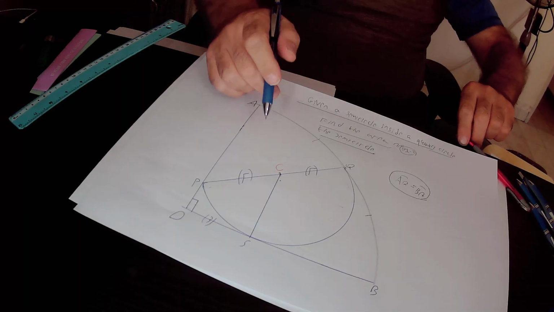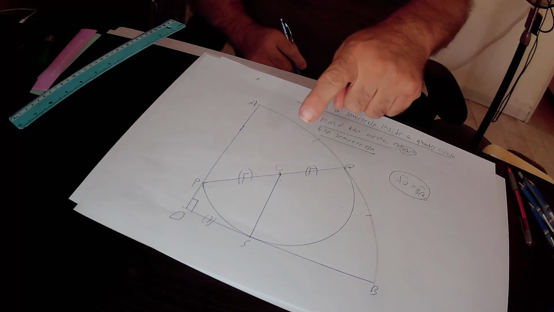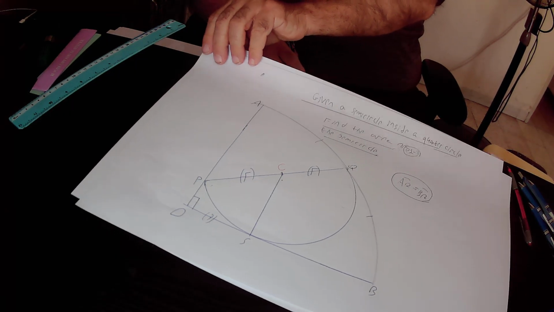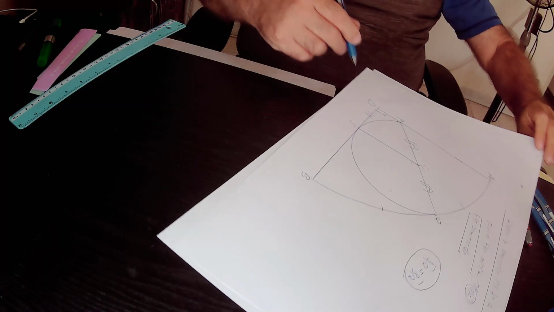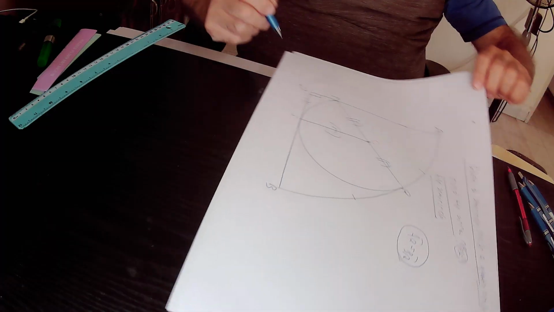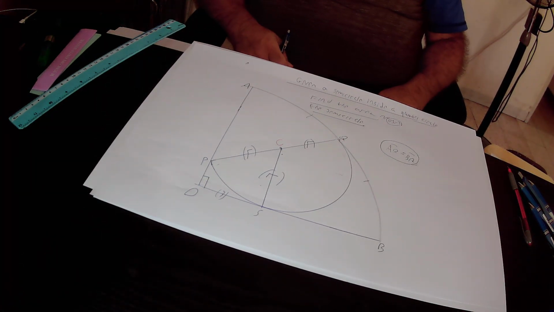Point S is a point on the semicircle itself. Therefore, CS is the radius of this semicircle, that equals R according to our definition.